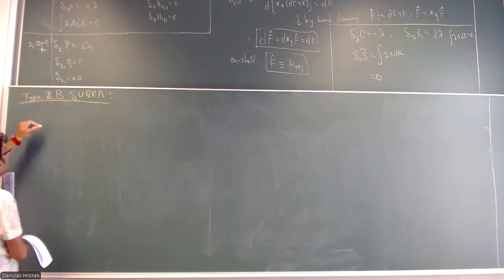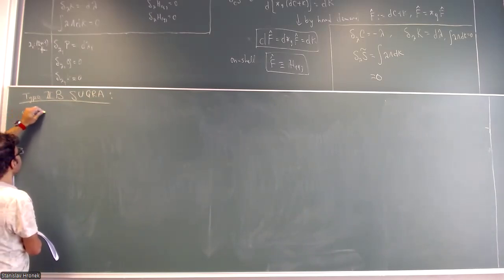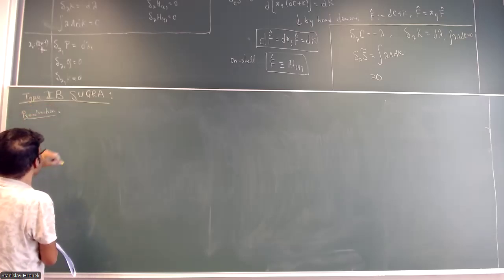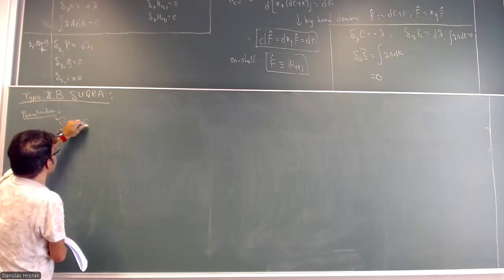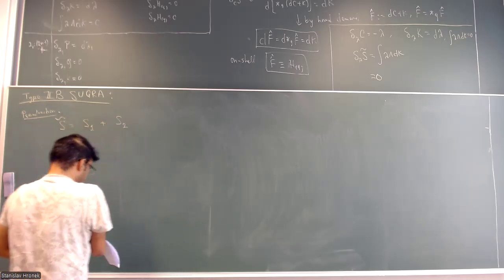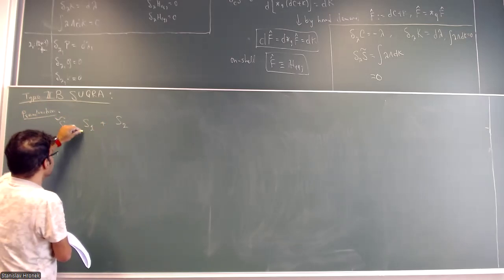So what we want to do is, let's first remind ourselves a little bit about the super action. What's the status? You have some S delta, and you can write it as a sum of two terms, S1 plus S2. What do I mean by S1 plus S2?